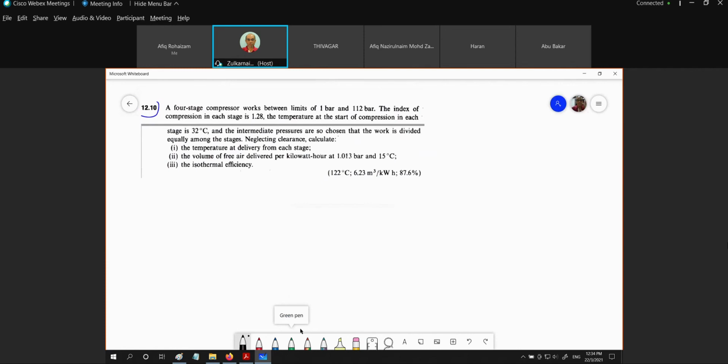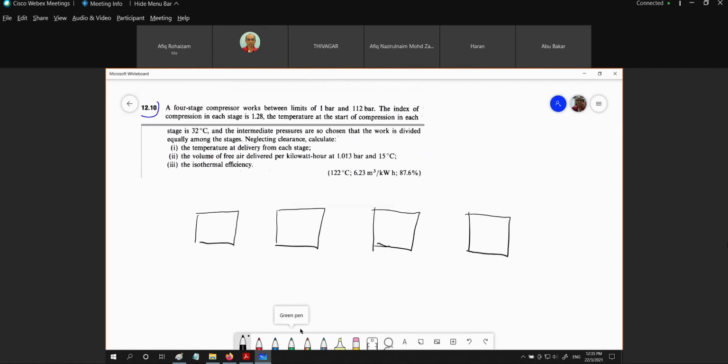Okay, what do we have? We have 4 stages. 1, 2, 3, 4. Let's see. It says we want to pressurize from 1 bar up to 112.